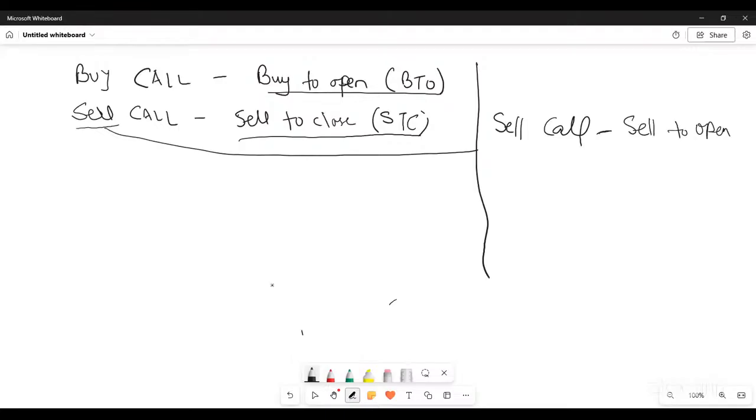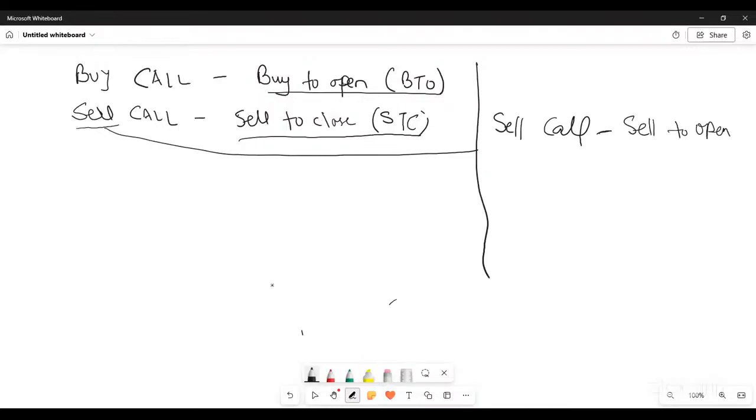So the reason why we use BTO and STC, as I was saying, is that we can also have a position open where we are shorting a call. In that case, it will not be sell to close because it's a new position. So then it will be sell to open.